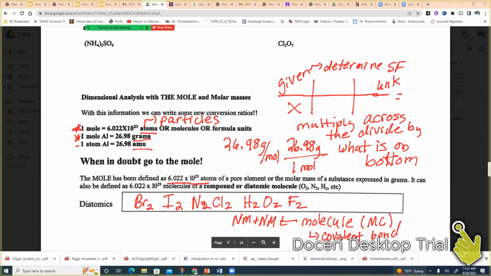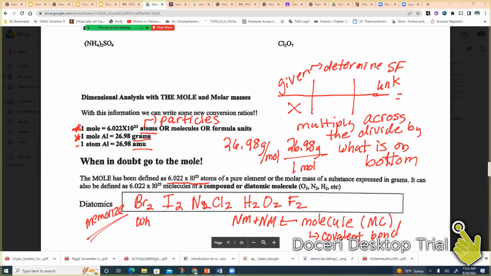So bromine, iodine, nitrogen, chlorine, hydrogen, oxygen, and fluorine. This is something that you need to memorize as we use it the whole year. So these particular elements are not stable as just one atom.